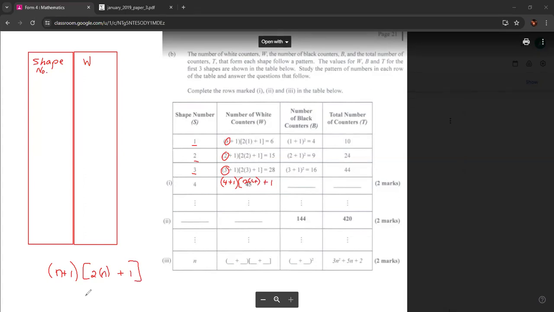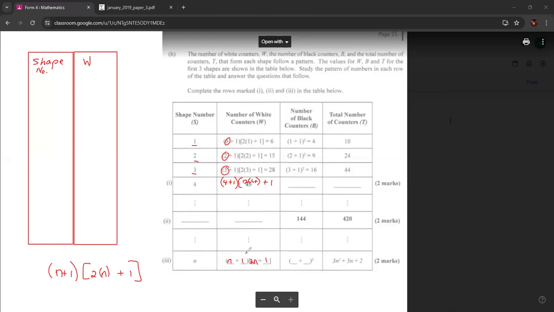So basically, that's the formula. Your formula would be whatever your figure number, your shape number, plus 1, times 2 times whatever your figure number is, which in this case is n, and then we add 1.